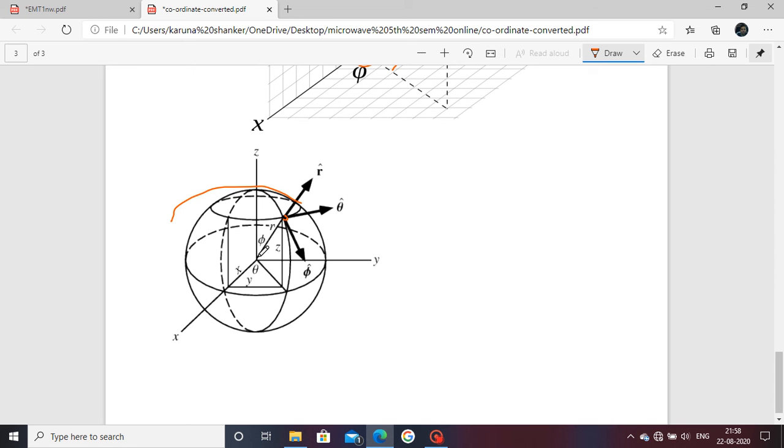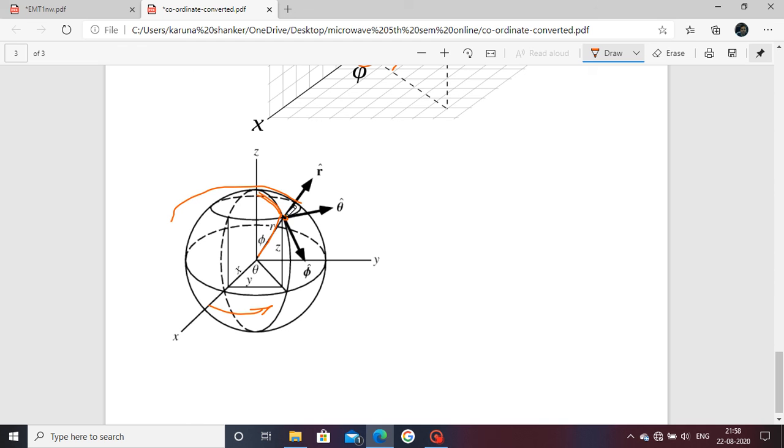One is the radius, and next is the angle measured from the z axis, sorry, this is not phi, this is your theta. Phi is the angle measured from the x axis.